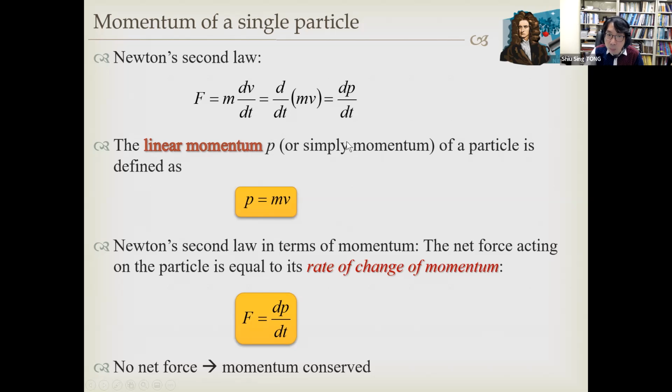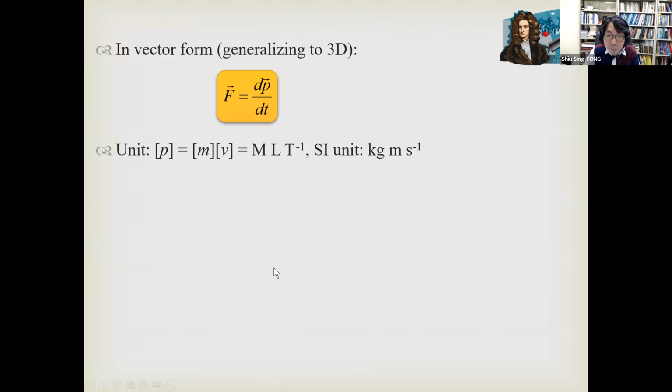In terms of momentum, Newton's second law can be formulated as the net force acting on the body being equal to the rate of change of momentum of the body. That is another form of writing Newton's second law. Now, if there is no net force acting on the body, then momentum will be conserved. Why?